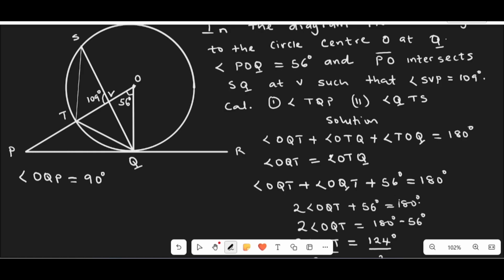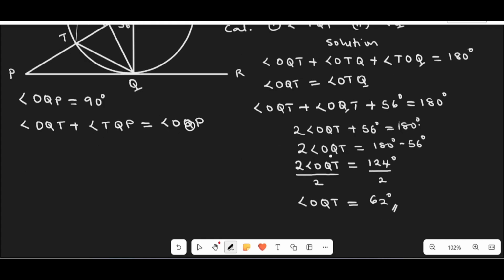So we can say angle OQT plus angle TQP equal to angle OQP.